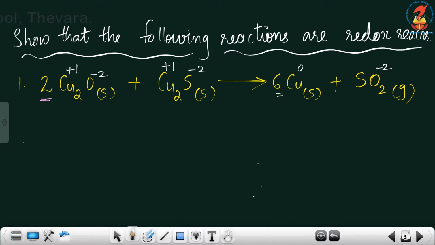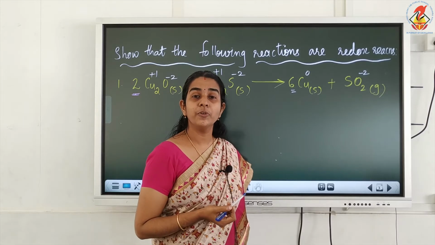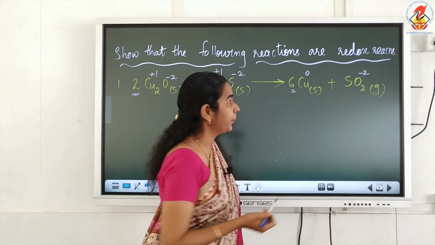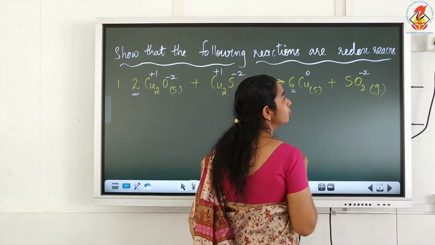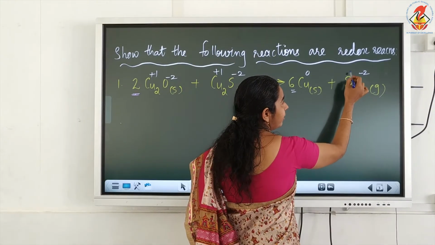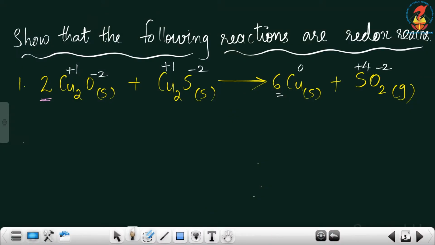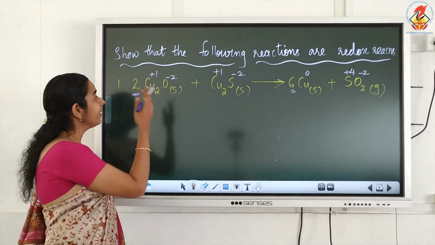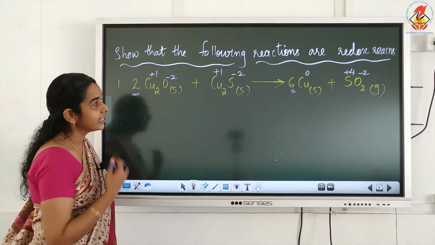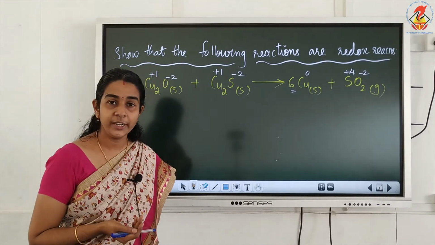Here also it is a neutral species, so the sum of oxidation states should be equal to 0. So sulfur should be +4 because we have only 1 sulfur atom. Or if you want, you can give X to the sulfur and assign the oxidation number.